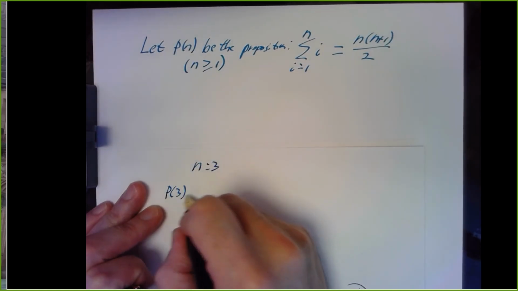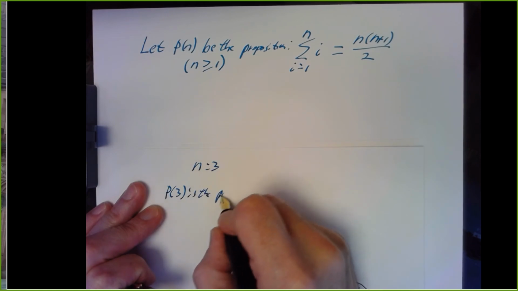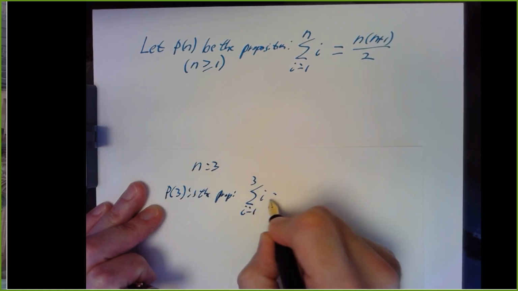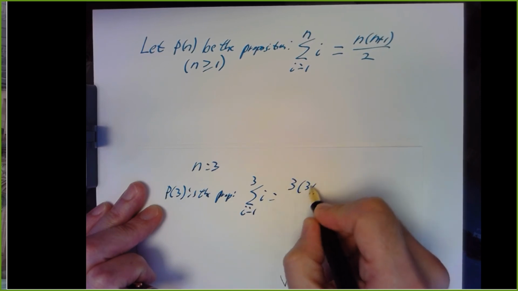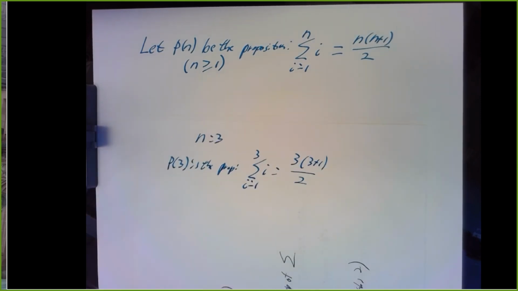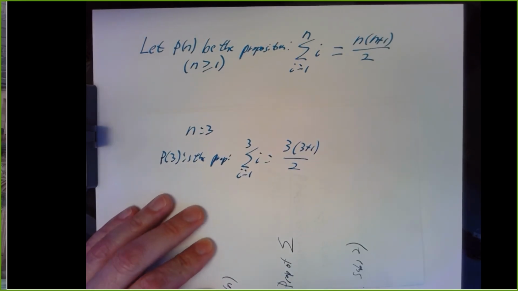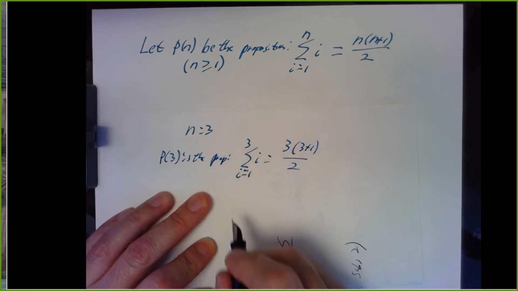So P of 3 is the proposition that the sum from i equals 1 to 3 of i is equal to 3 times 3 plus 1 divided by 2. Well, what's the sum from i equals 1 to 3 of i?